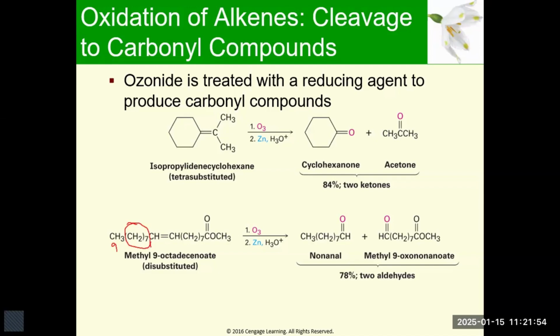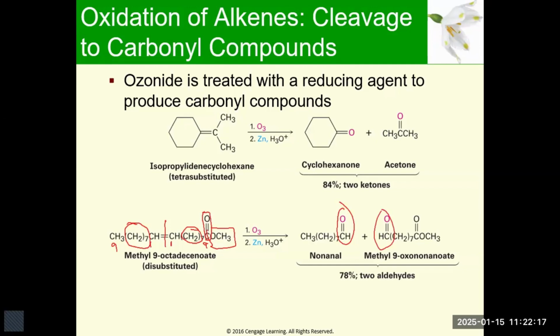And then on this side, I have a carbon here, 7 CH2s again, and then 9 that has a carbonyl group already on it, and then it's an ester. And so again, I cleave it here, creates a carbonyl group, and then on this side a carbonyl group.